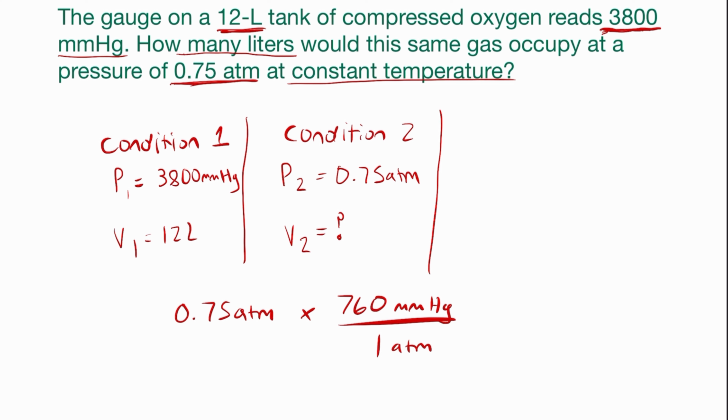So now what we could do is cancel our like units and then just multiply across 0.75 and 760, and we get 570 mmHg. Okay, so now what we can write for our P2 is 570 mmHg.